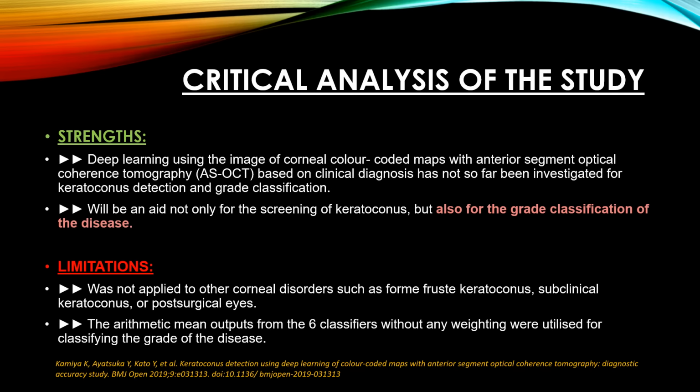Form fruste is the topographical keratoconus, that is, which you only catch on the keratometric maps, topographical maps. Subclinical keratoconus or post-surgical eyes. The arithmetical mean outputs from the 6 classifiers without any weighting were utilized for classifying the grade of the disease.